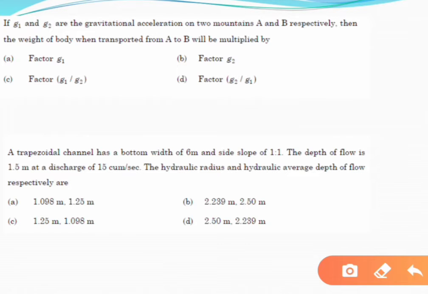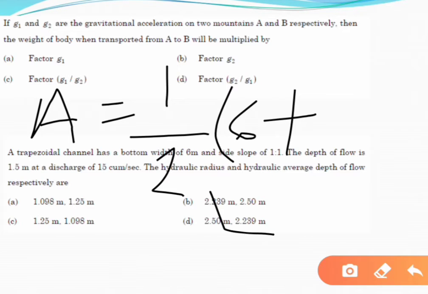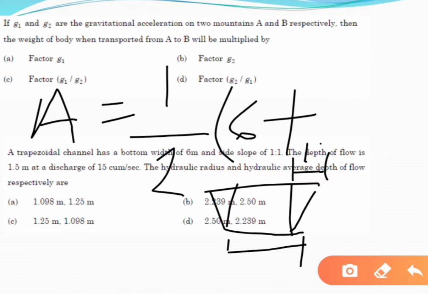Area of that particular channel will be half into bottom width, which is 6, plus top width. This portion is 6, this portion is 1.5. So top width will be this portion plus this portion into 2.